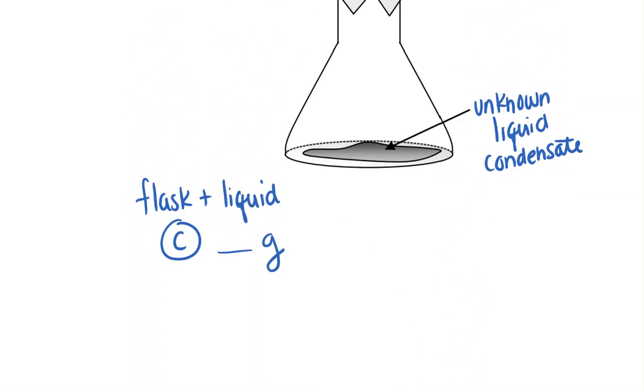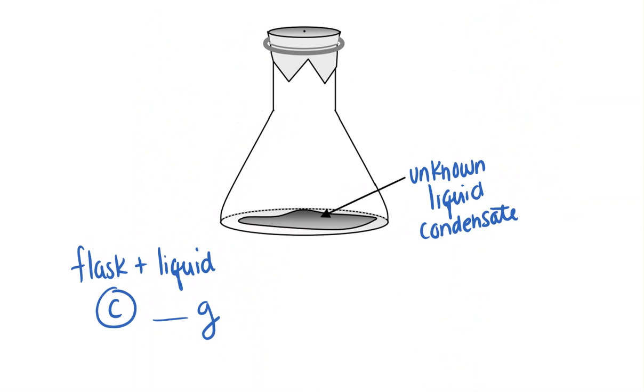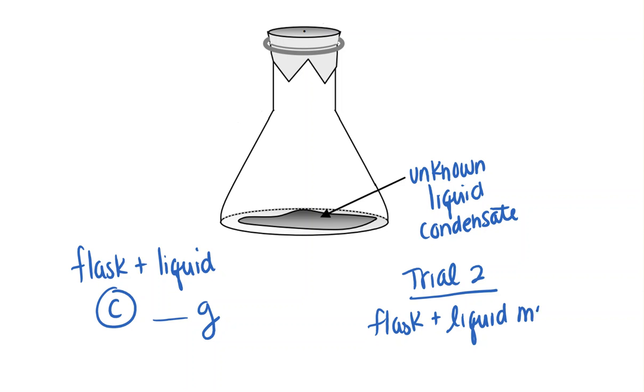Oh, by the way, we're going to do that twice, trial 1 and trial 2. So for trial 2, the flask plus liquid mass will be your data point D, and again that is in grams.